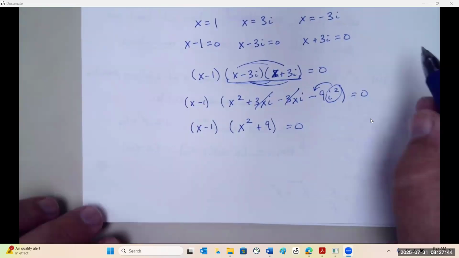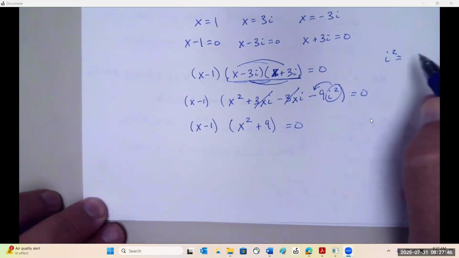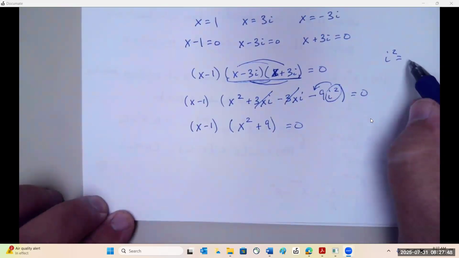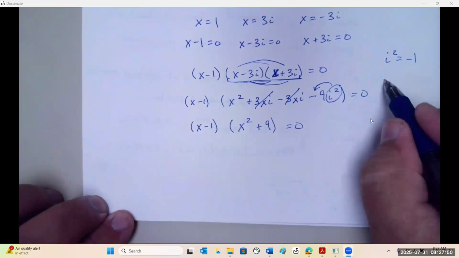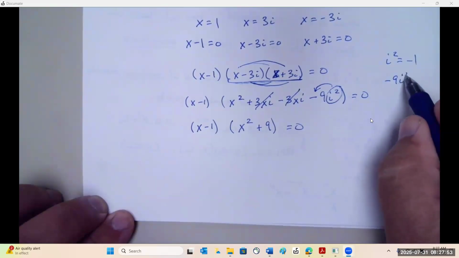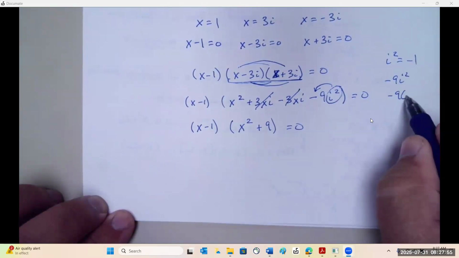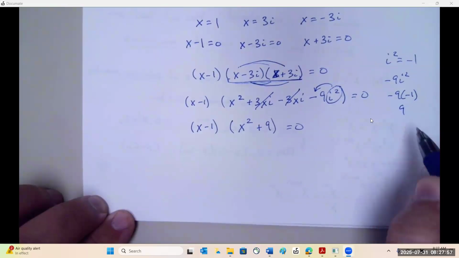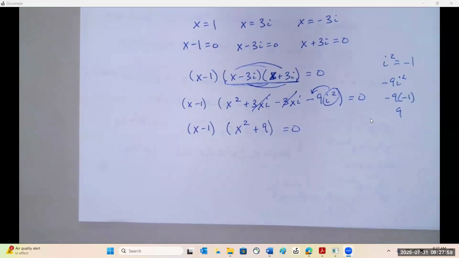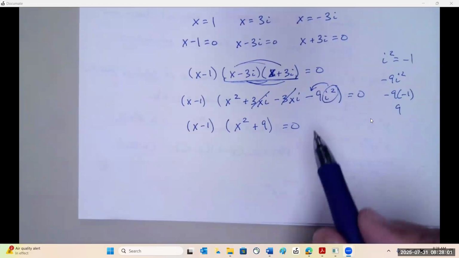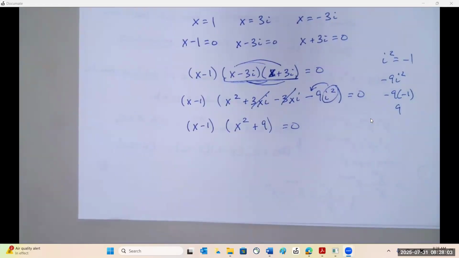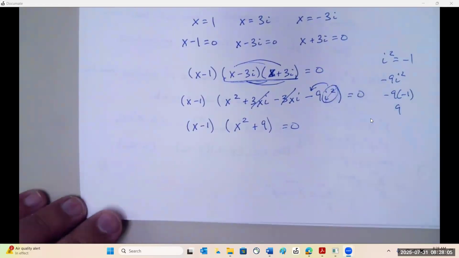Because what does i squared become? -1. So we had -9i squared. That becomes -9 times -1. That becomes +9. So instead of going through all that stuff, i squared just changes the sign of the number in front of it and you get rid of the i squared. That disappears.